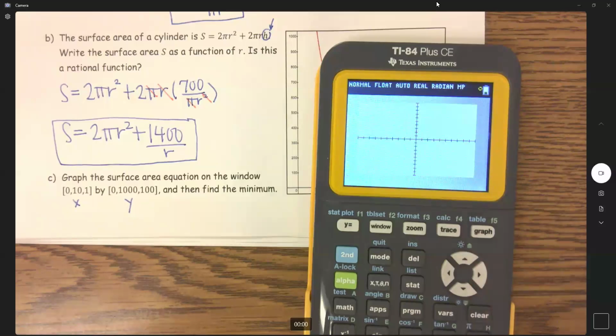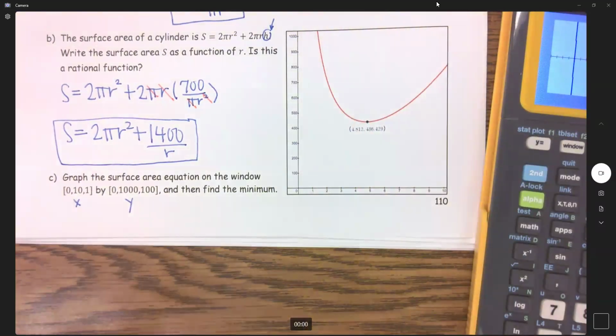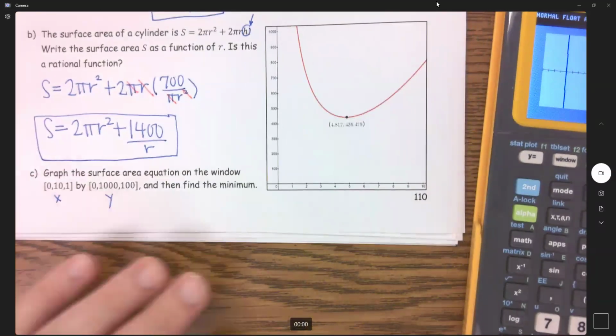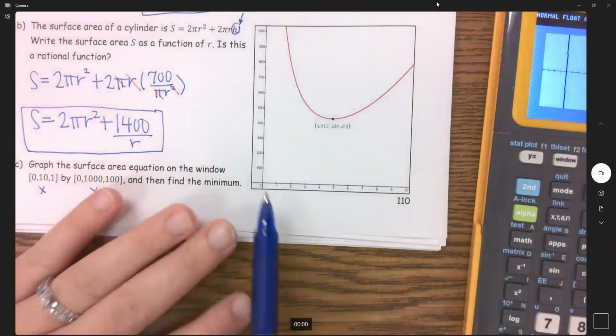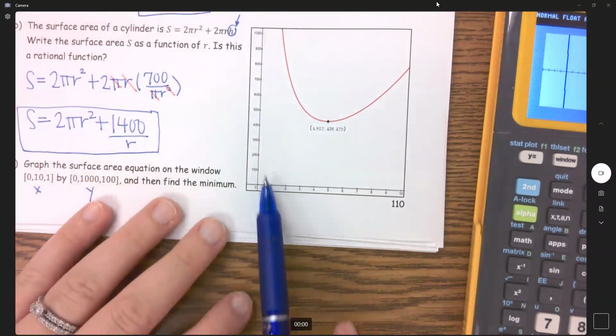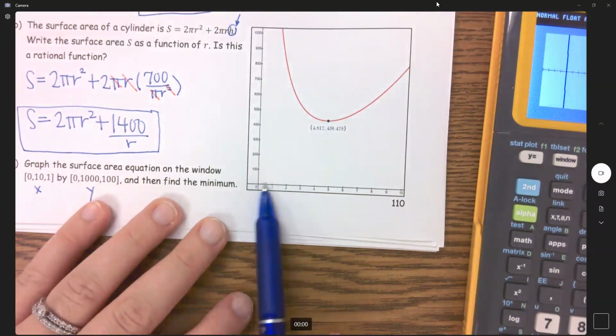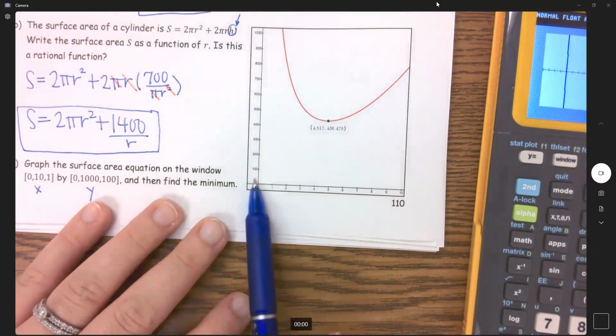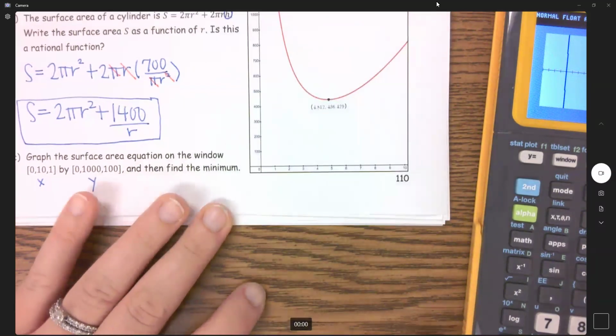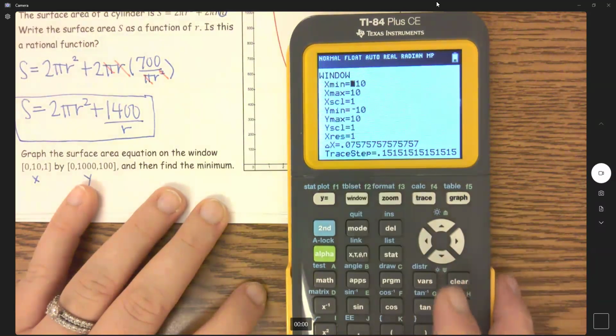Now, if I hit graph and I don't change anything, I'm not going to get a lot of information, because I'm right in this little section here. I am way too zoomed in. So we've got to change that window.